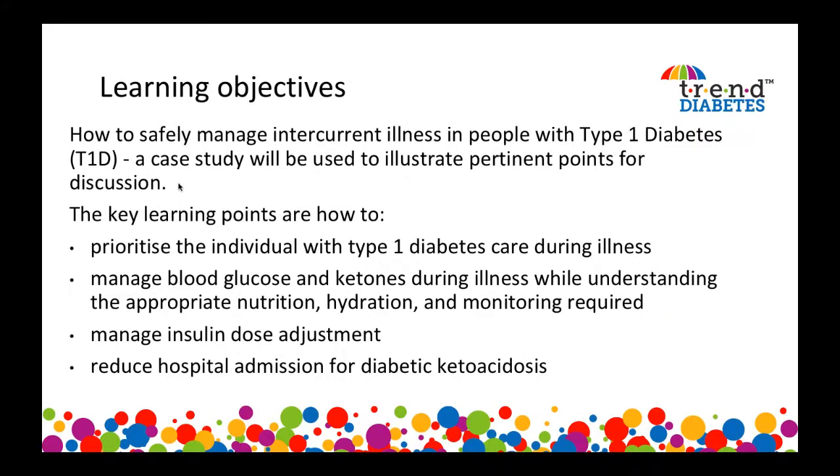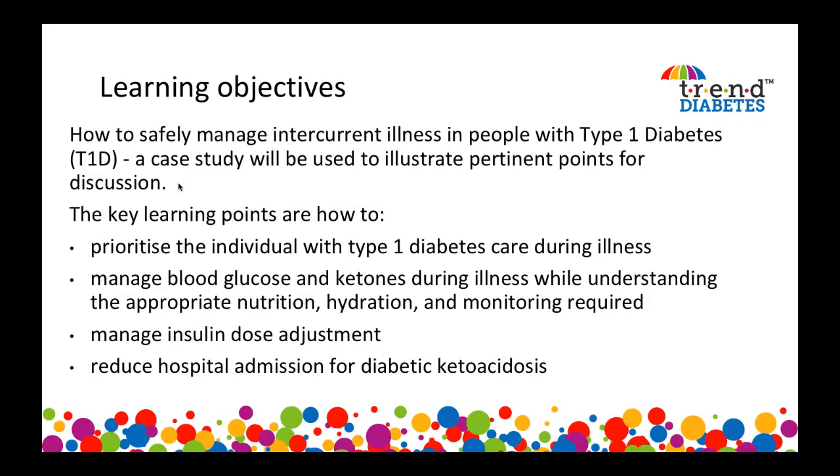So let's look at our learning objectives. As we've already said, we're going to look at how we manage intercurrent illness safely. I'm going to use a case study, which I think might be useful just to cover some points for discussion.